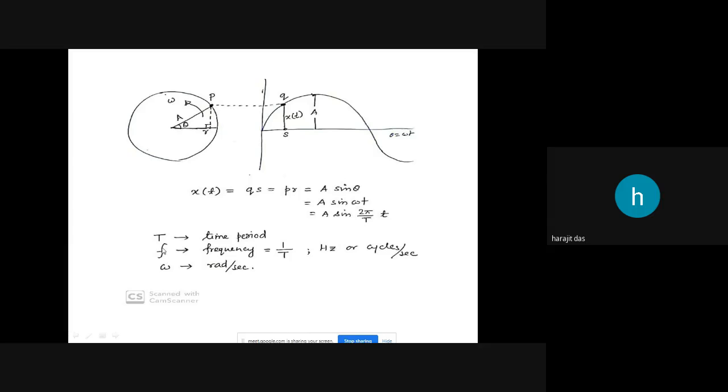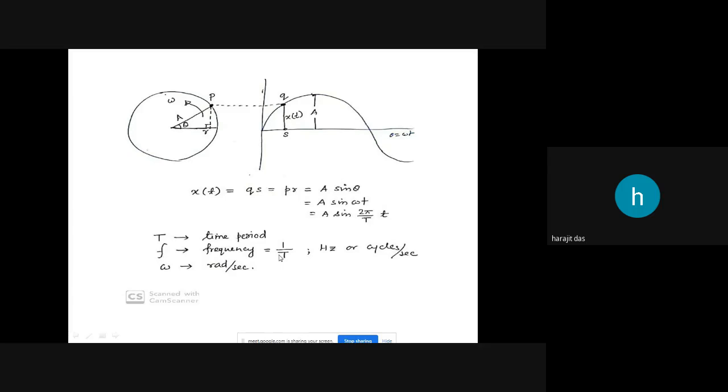Small f is the frequency, which equals 1 upon capital T. Omega is in radians per second. Though it is the angular velocity, in vibration we call it frequency. Sometimes I will call it natural frequency, sometimes frequency. Its unit is radian per second, and f is the linear frequency.